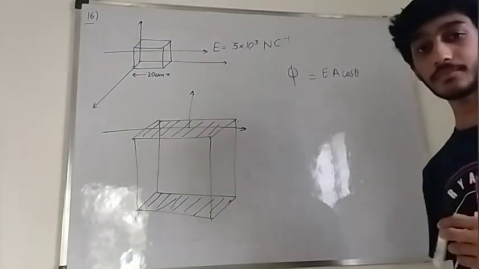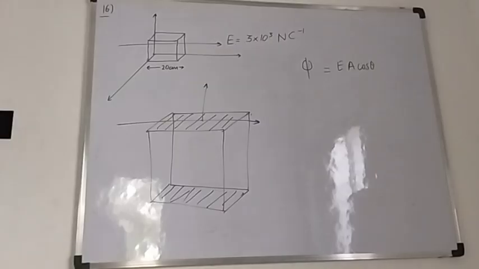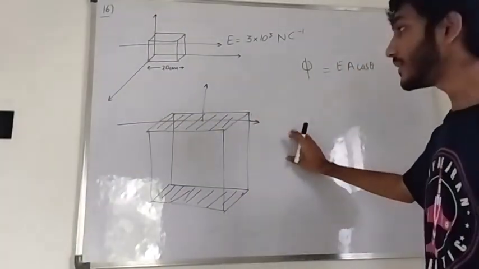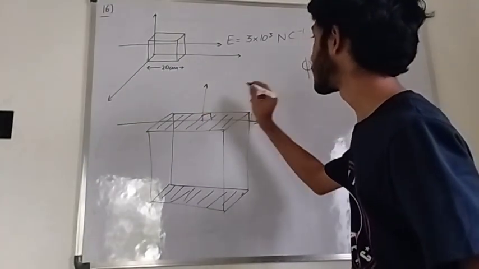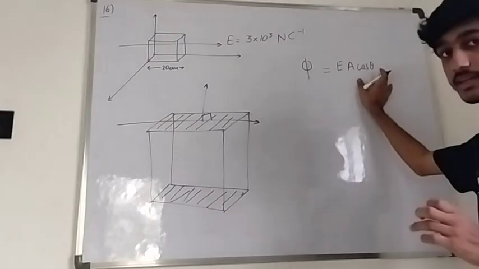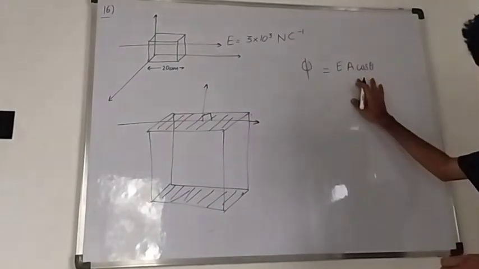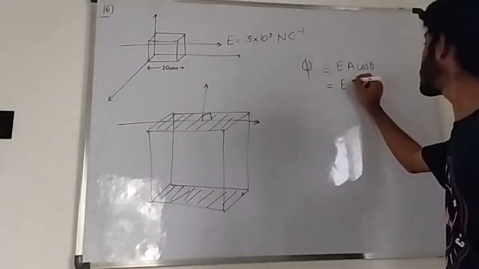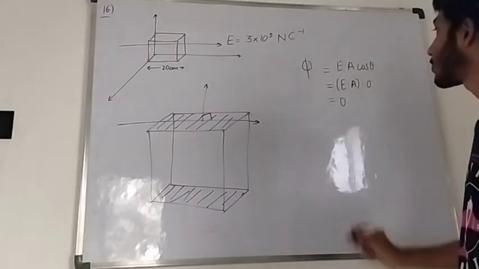The angle between E and the area vector, as we were talking about, is 90 degrees. And as you know, cos 90 is 0 if you have studied trigonometry. So this will be E into A into 0, so this whole thing will become 0.